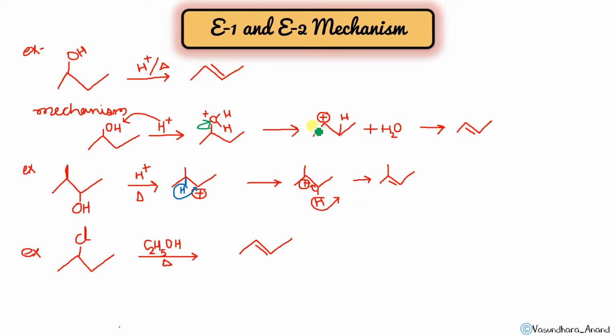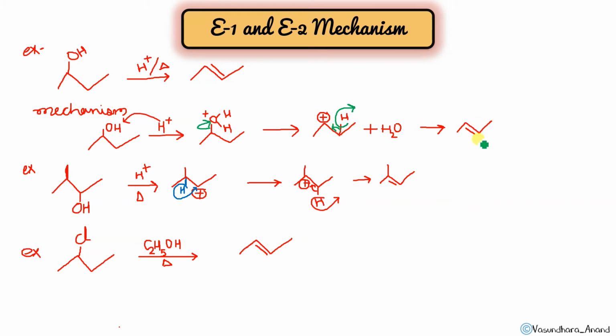So carbocation formation is there, and now this H plus will come out from here. The beta hydrogen will be eliminated and this bond is now free to shift over here to form the double bond.